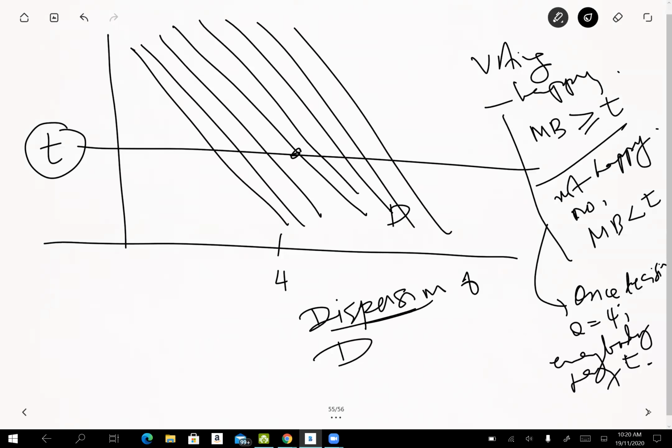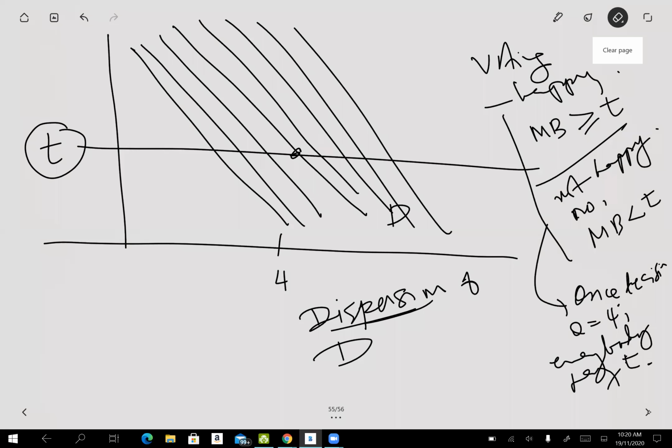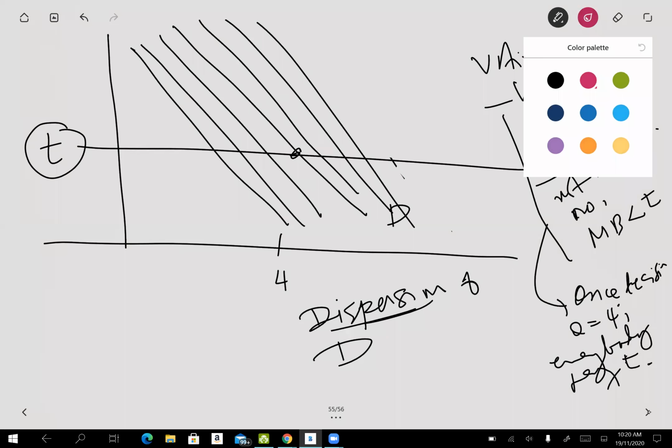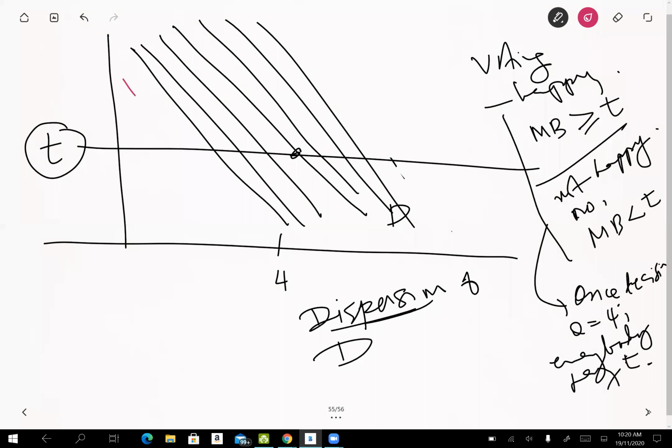So you have A, B, C, D, E, F, G. And suppose in another situation, the demand functions are widely spread.